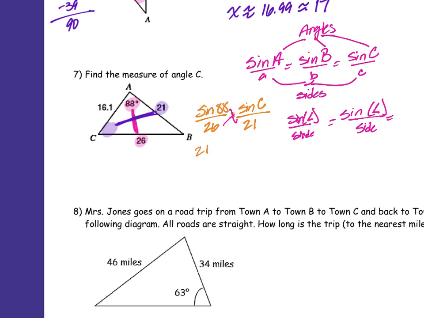Okay, 21 sine of 88 equals 26 sine of C. Divide by 26. So sine of C is going to equal 21 sine of 88 divided by 26. And sine inverse of 21 sine of 88 divided by 26.